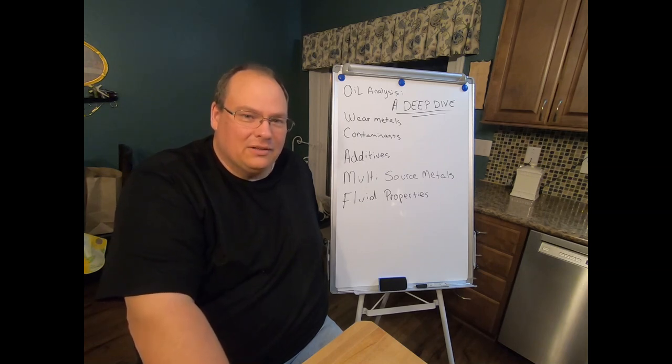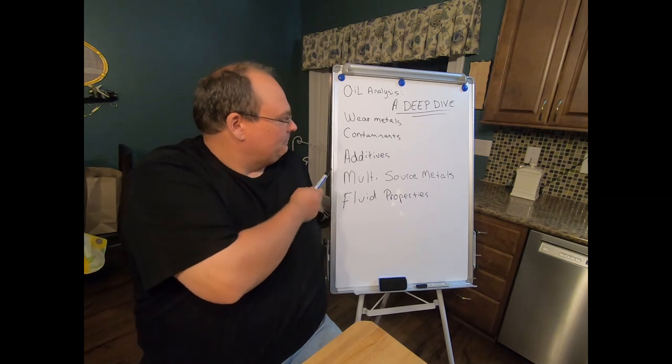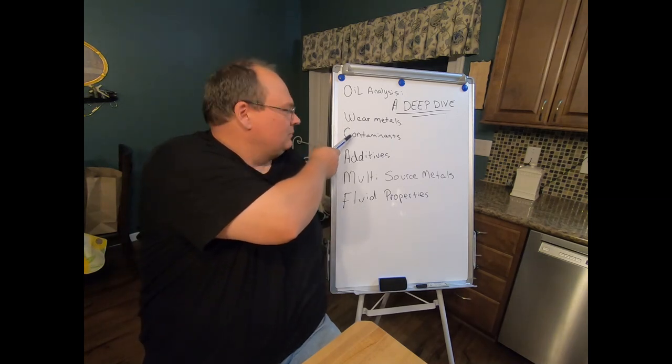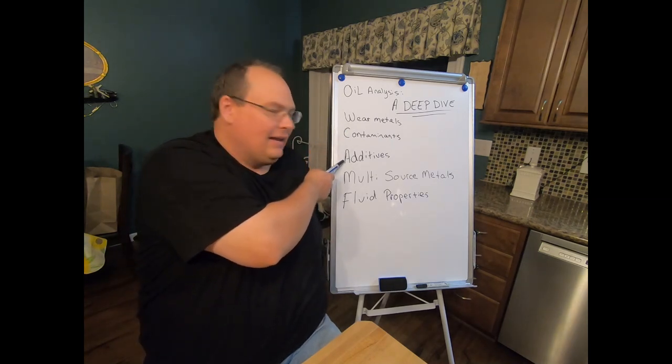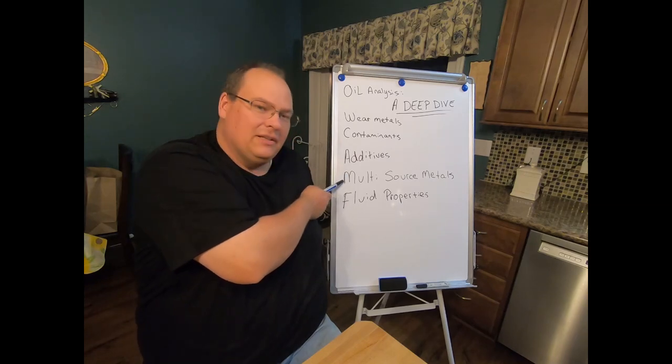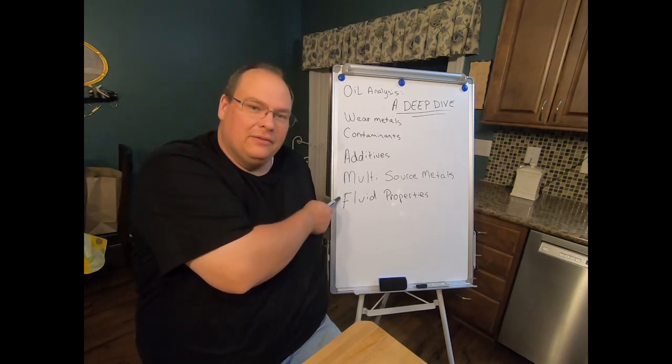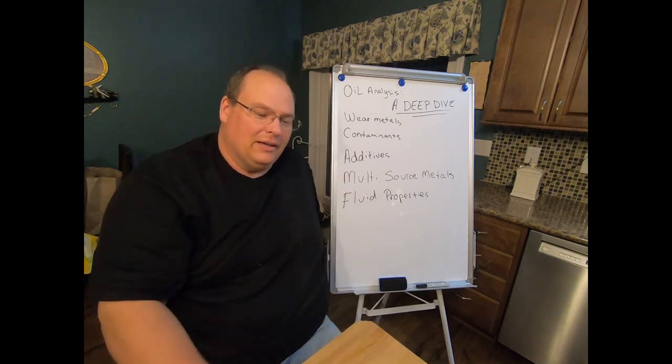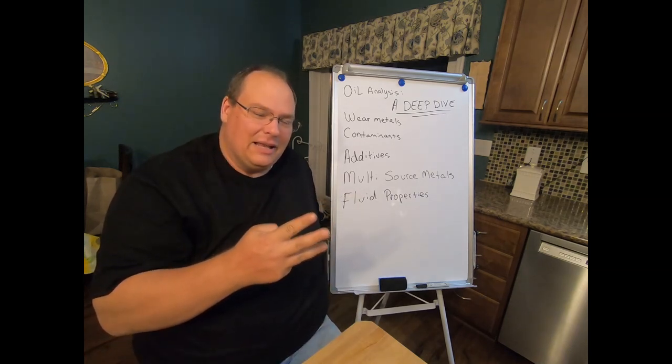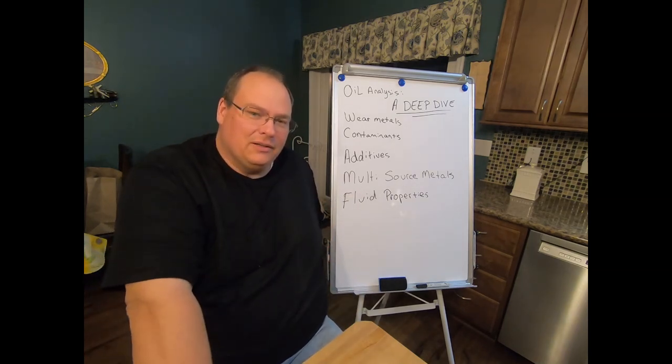So what we're going to talk about here is wear metals, contaminants, additives, multi-source metals, and the fluid properties of your oil. We have 3 different samples we're going to go through. The first 2 are mine, and they're just 2 samples from different sample providers.